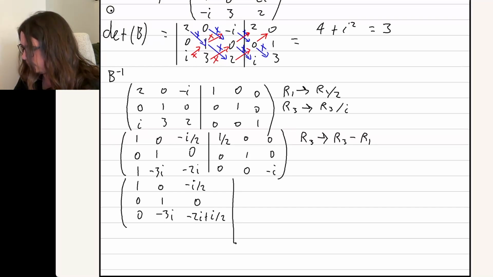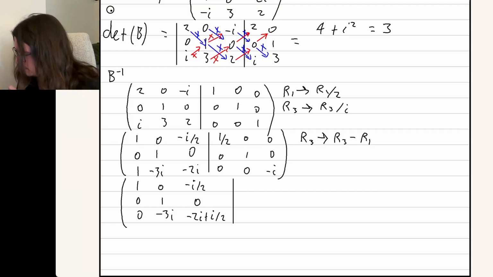And then we're going to do the same thing to the right hand side of this matrix. So we've got 1 half, 0, 0, 0, 1, 0, minus 1 half, 0, minus I.